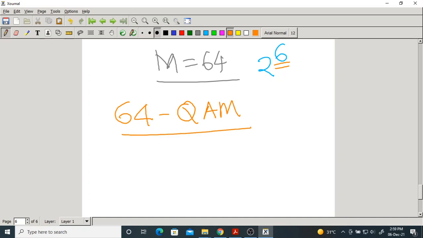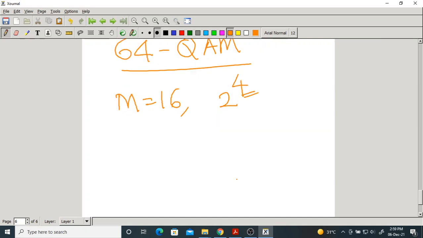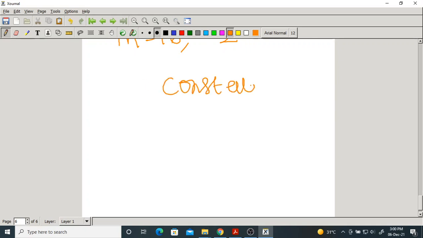Suppose you can also take M equal to 16. There it is 2 power 4, which means 4 bits per symbol. So if M equal to 16, let us draw the constellation.